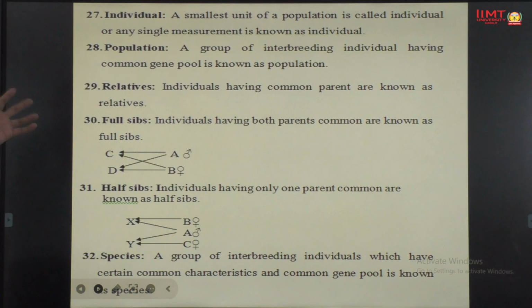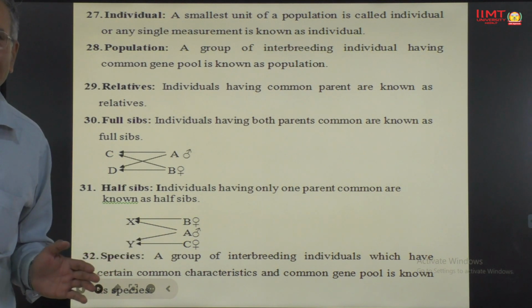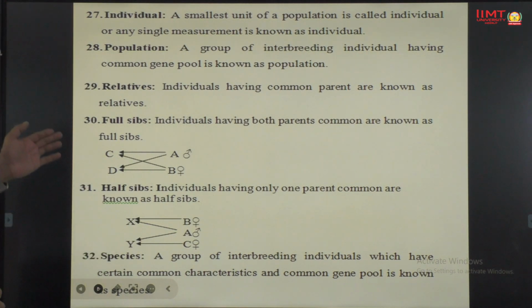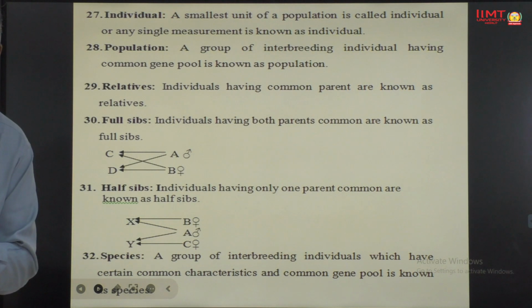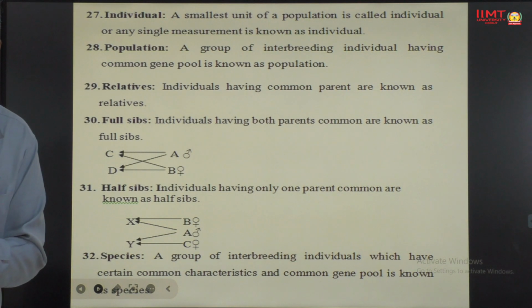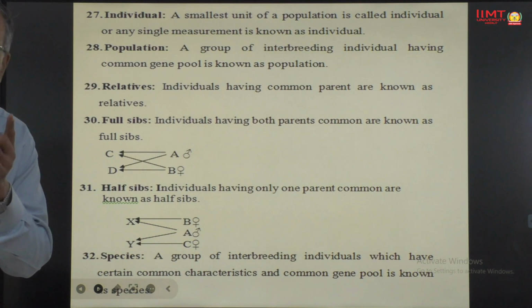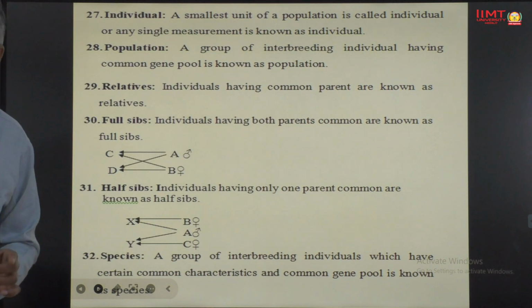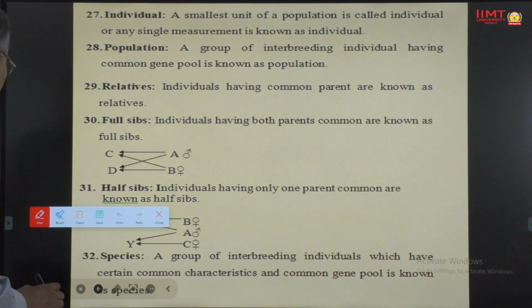Now, what is a relative? Individuals having common parents are known as relatives. What is full sib? Individuals having both parents common are known as full sibs.